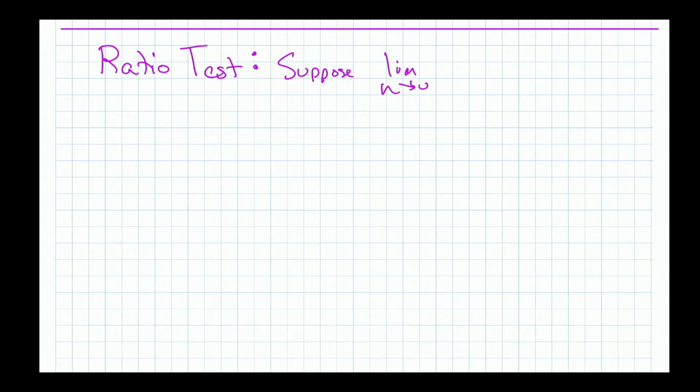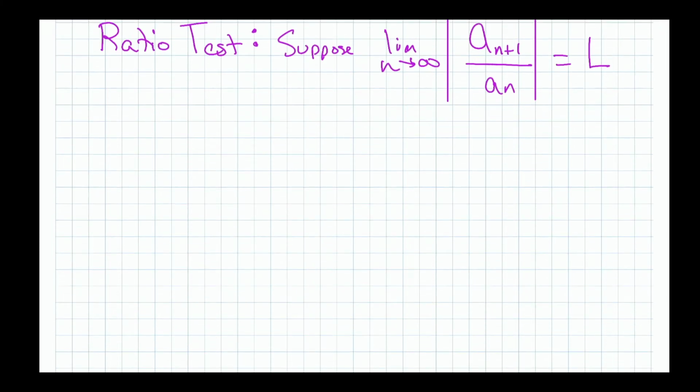So here they are. Ratio test. The ratio test says this. Suppose the limit as n goes to infinity of the absolute value of a n plus 1 over a n equals L. Then there are three cases.